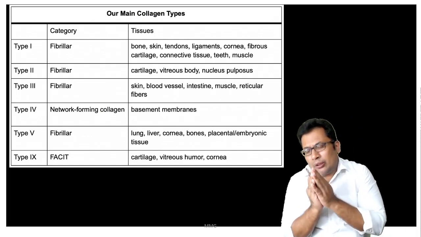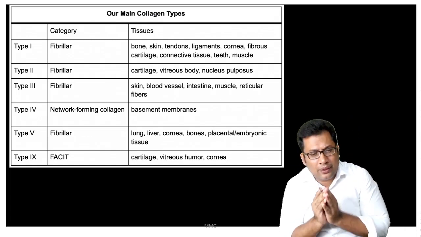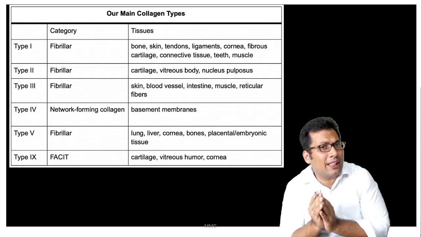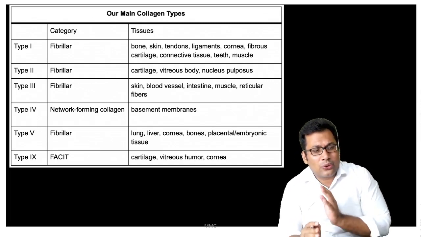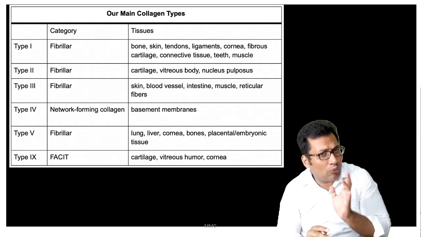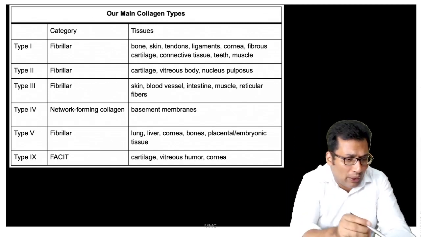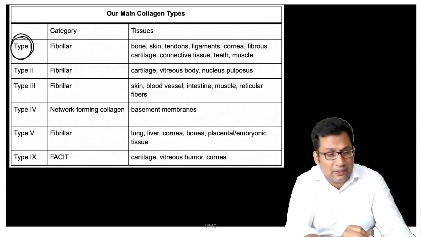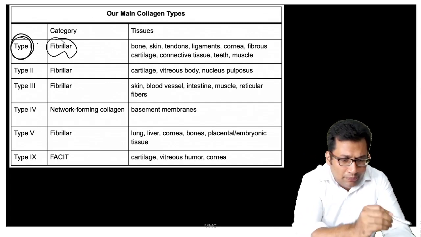Then one important question asked in your exam: what are the main collagen types? There are many types. The most common is type 1, in the category of fibrillar collagen.